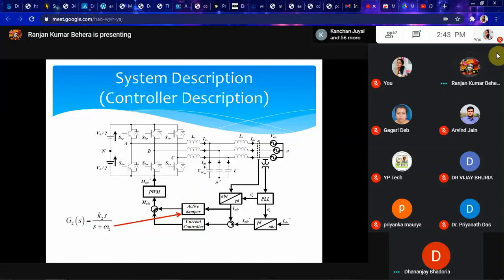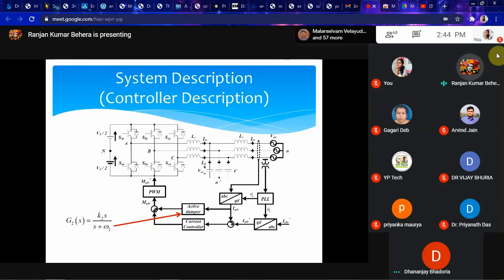So when you have an LCL filter and you want to filter at resonance, you need to choose proper frequencies for the resonance, because the resonance depends on the plant parameters, for example L and C.